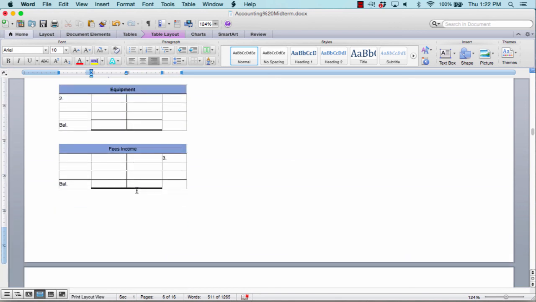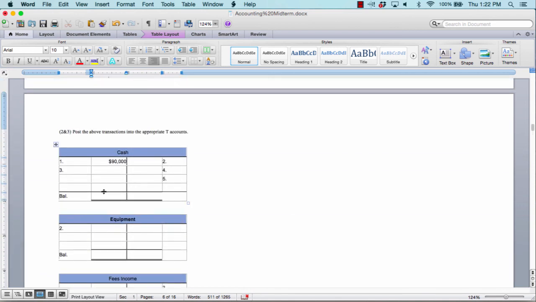Okay, and what you need to do at the end of the T accounts is you need to give me the balance on each of the T accounts for this side and this side. Okay, and remember that you only provide me the balance on where the balance is greater. So you find the total for this column and the total for this column.